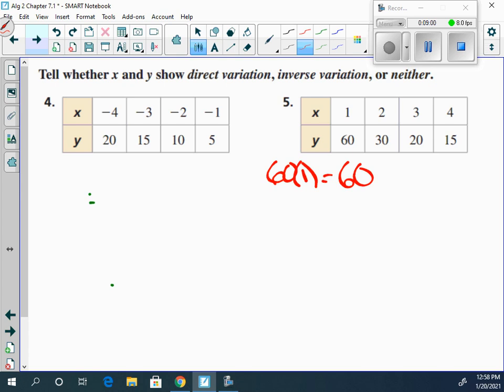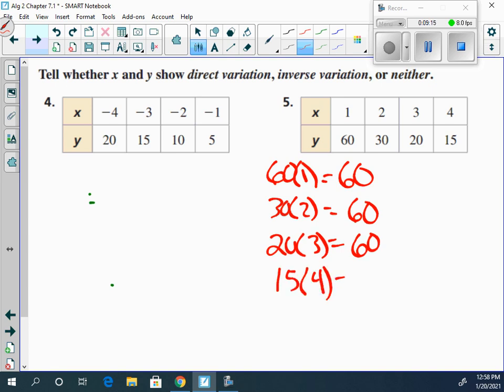Then 30 times 2, which is 60. And then 20 times 3, that is 60. And 15 times 4 is 60. And again, when we multiply the two, we're talking about inverses.